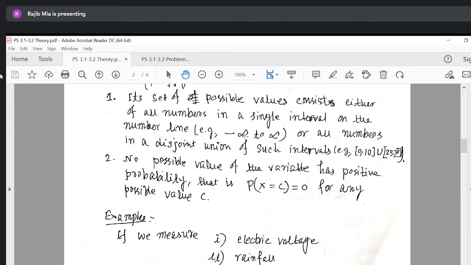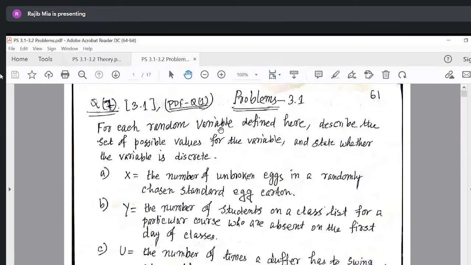So now see one example and tell me whether this random variable is continuous or discrete. This is question number 7 of 3.1. For each random variable defined here, describe the set of possible values for the variable and state whether the variable is discrete or continuous.